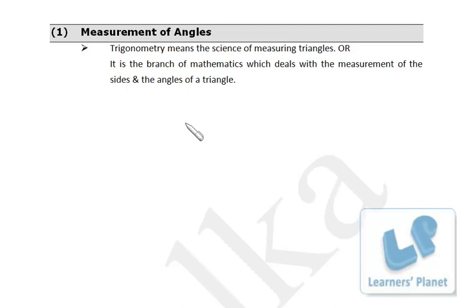We used the three relations: sine square theta plus cos square theta is equal to 1, 1 plus cot square theta is equal to cosec square theta, and 1 plus tan square theta is equal to sec square theta, right? We discussed the three relations last year, right? All these relations were based on, or we can say we used to use for, right angle triangles. This year we will expand our knowledge.